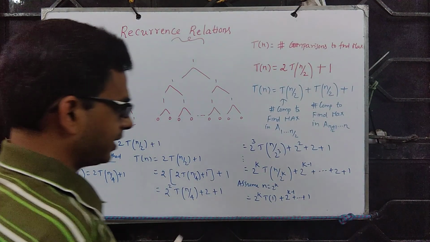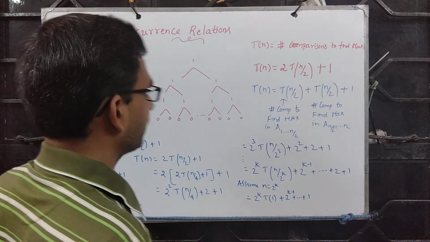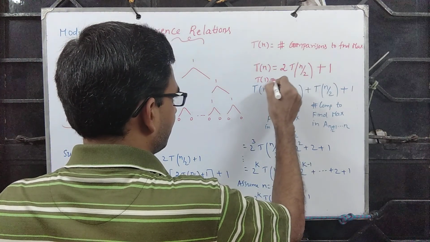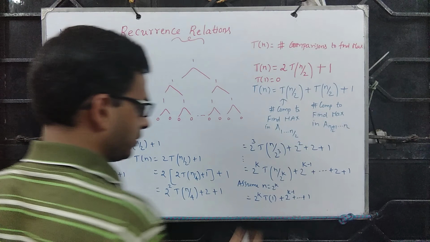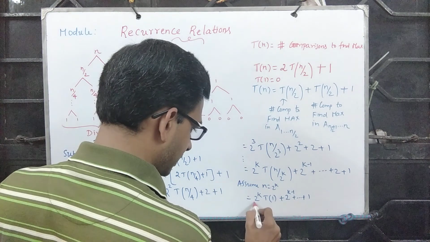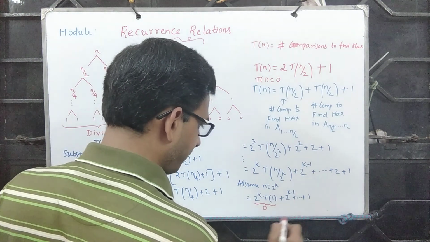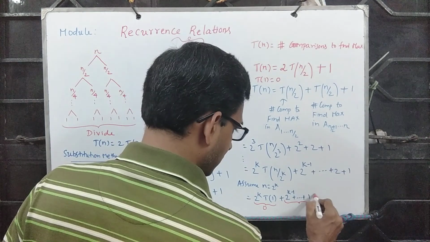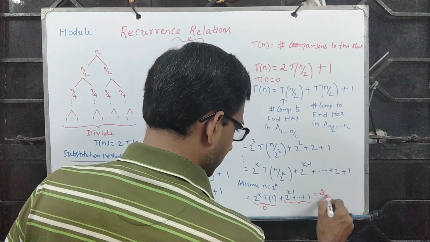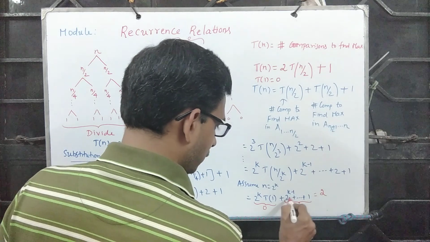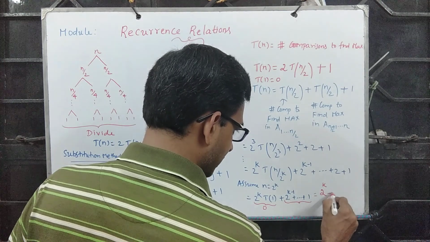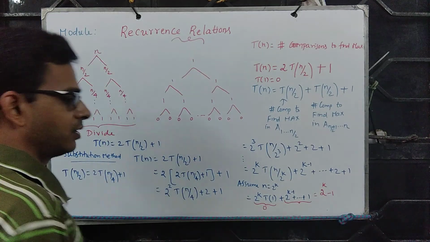We know that T of 1 is 0, correct? And the total number of comparisons, if the problem size is 1, is 0. So which means this part is 0 and this part is an arithmetic progression. So which means it is 1 to 2 power k minus 1, correct?